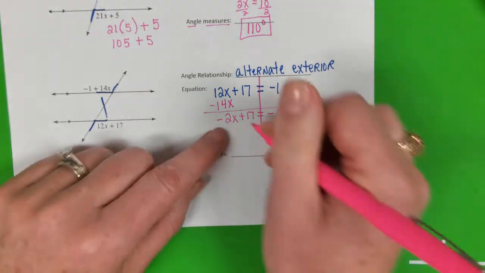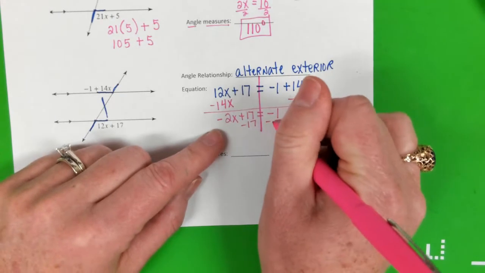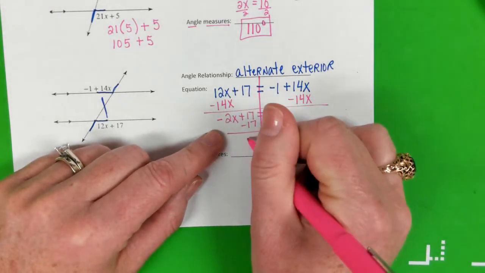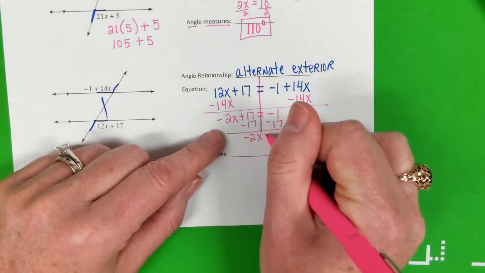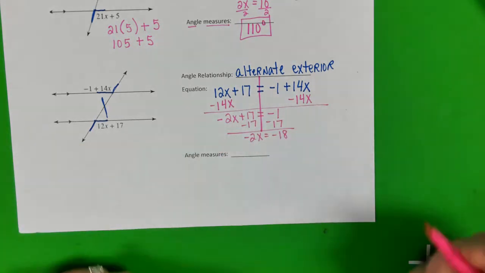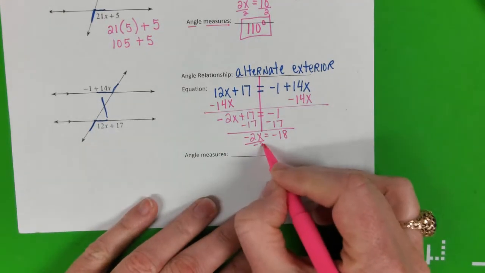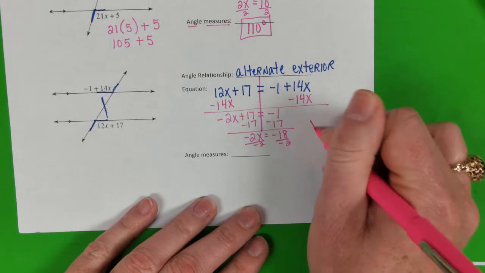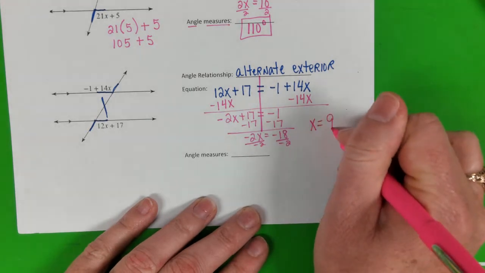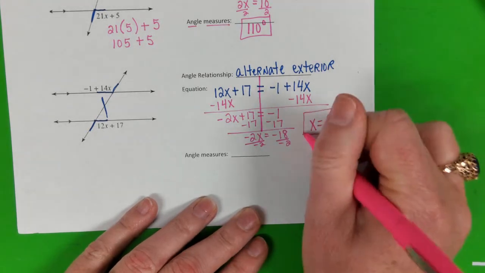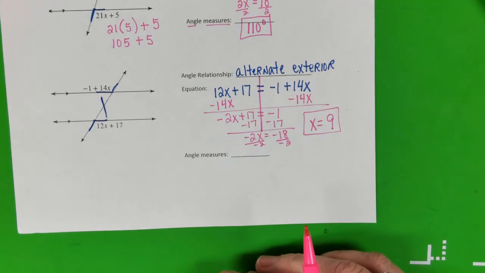Okay. I'm going to move the 17 to the other side. Negative 2x equals negative 18. I'm going to divide by negative 2. X equals 9. Sometimes that's all they want to know, what is x equal to.